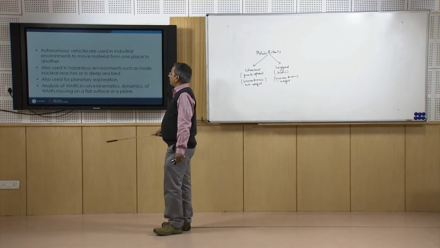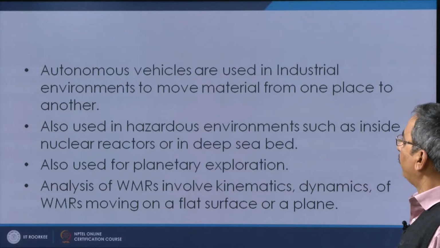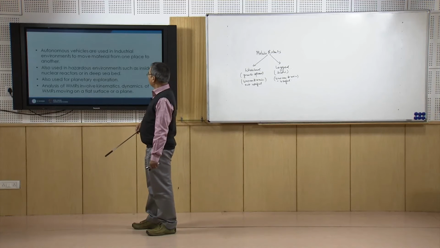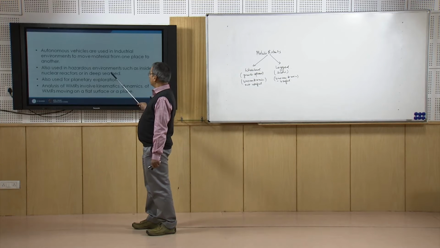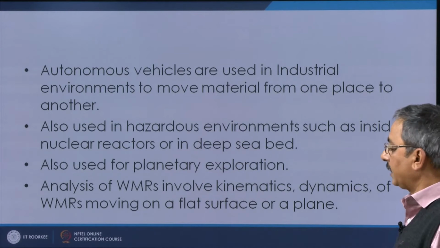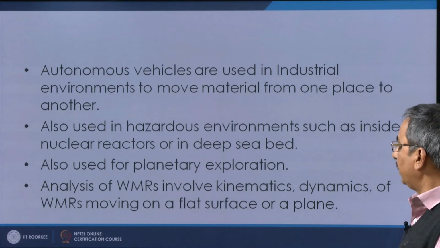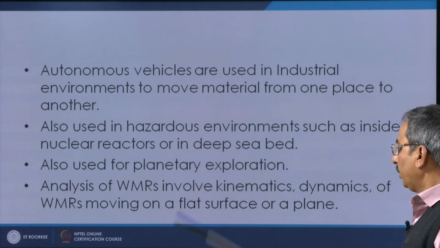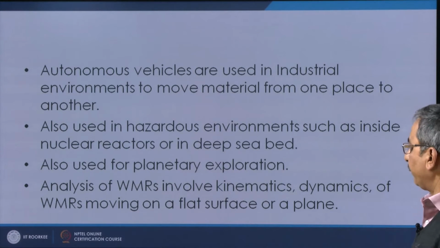These autonomous vehicles are used in industrial environments to move material from one place to another, and they are also used in hazardous environments such as inside a nuclear reactor or of course in the deep sea bed, and also for planetary exploration.